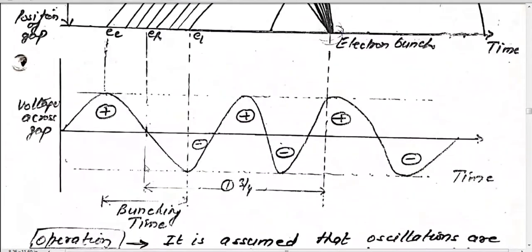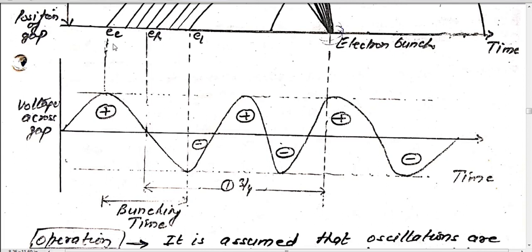Because this electron has encountered the negative voltage, its velocity will decrease, and that velocity will be less than the reference electron.